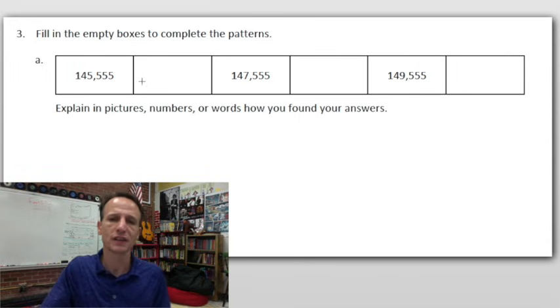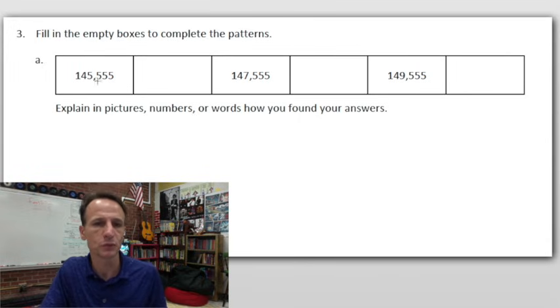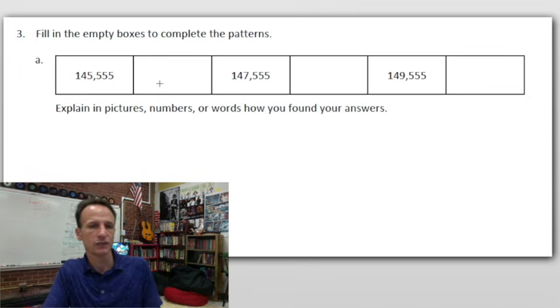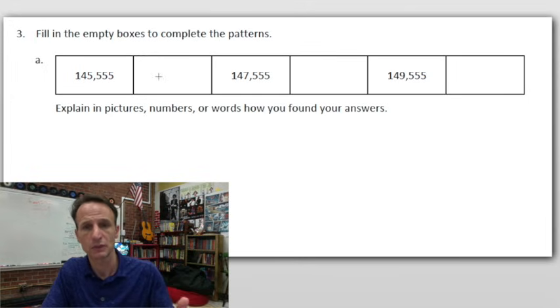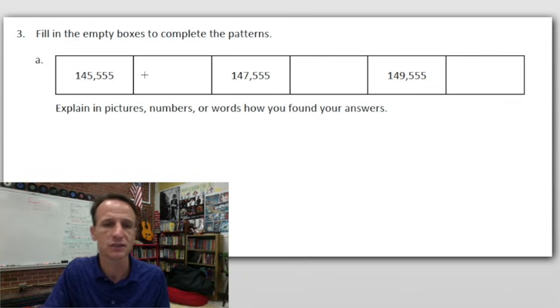You can easily see what's changing in each of these. Which place? Yes, it's the thousands place. Goes from 5 blank to 7 blank to 9 blank. And so the thousands place is going up. Well, given our blanks, it's going up by 1,000 each time.